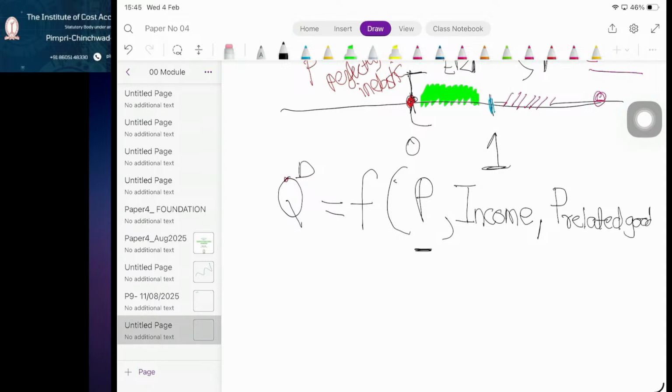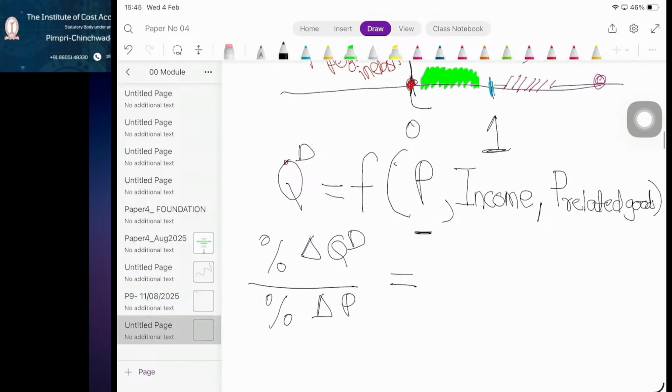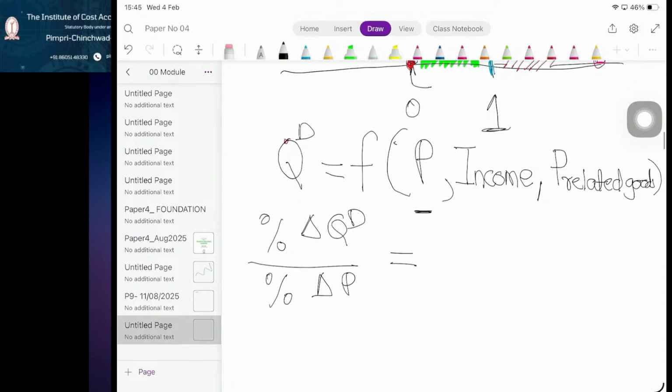These three. So we have already studied percentage change in quantity demanded upon percentage change in price. What do you call this? It is called price elasticity. Okay.